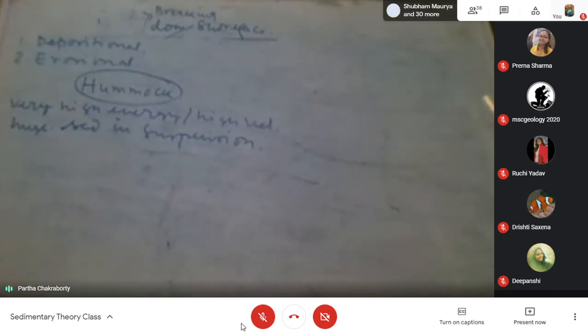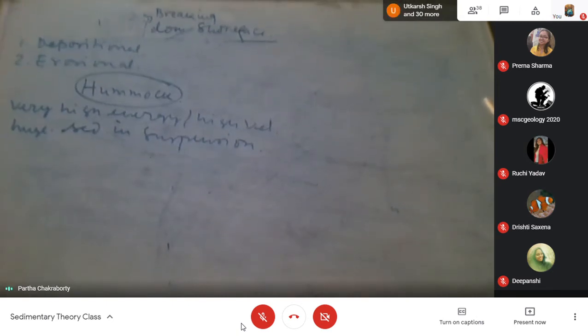That is the kind of energy a storm creates. A storm creates a velocity of about 160 to 170 kilometers per hour. So you can understand the kind of energy a storm creates, and that is capable of this very high energy flow with a huge sediment suspension.